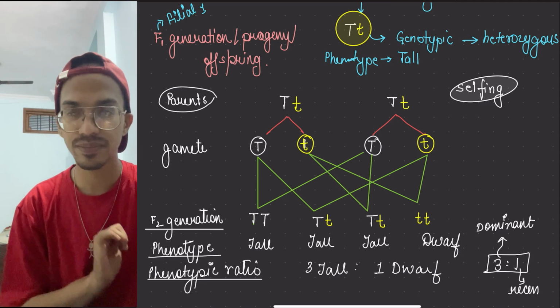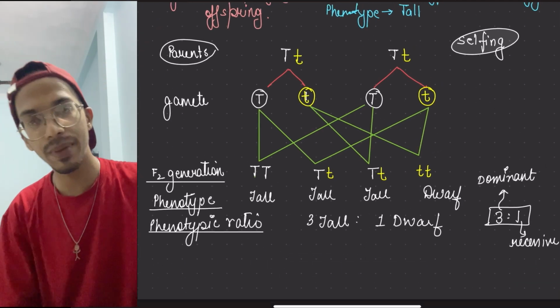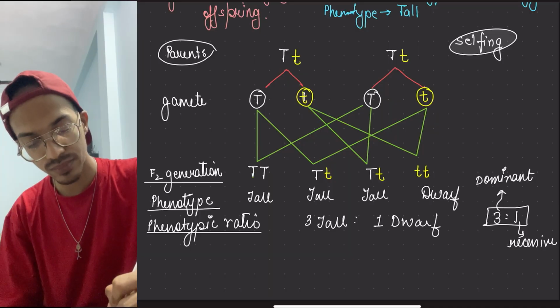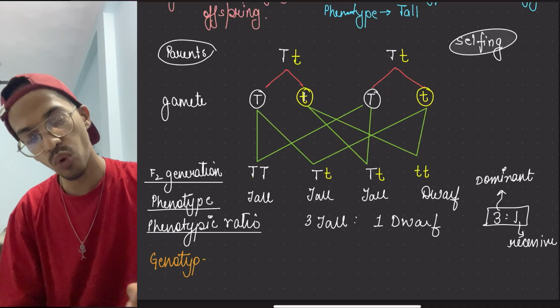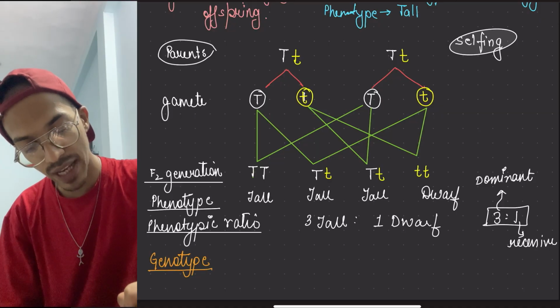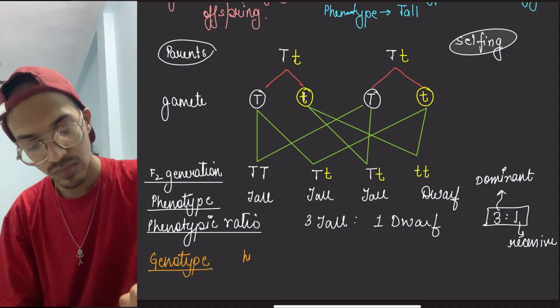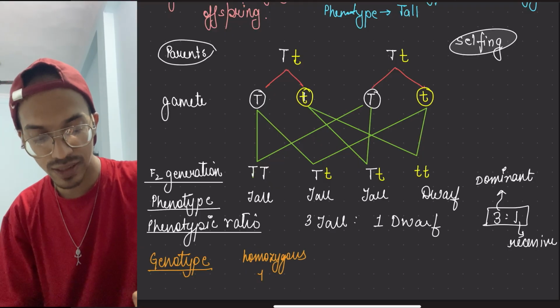One more thing we have to remember here is the genotype. So what is the genotype? Here it is homozygous: 1 is capital T capital T, homozygous dominant.